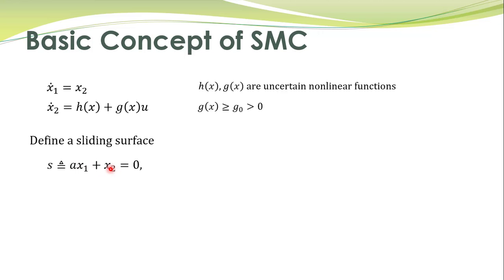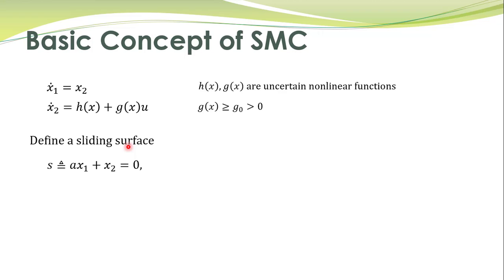And if we have an equation with three variables, then that will be the equation of a surface. And if we have a higher dimensional system with more states, then this will be the equation of a hypersurface. So in general, we call this a sliding surface.